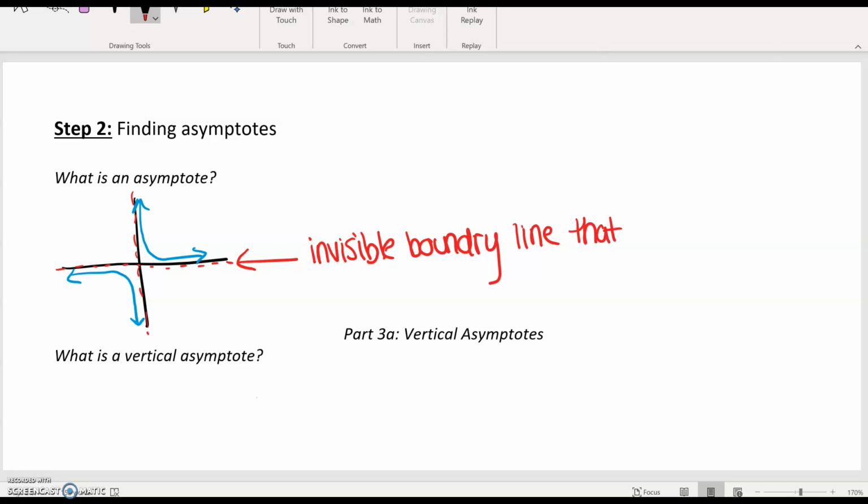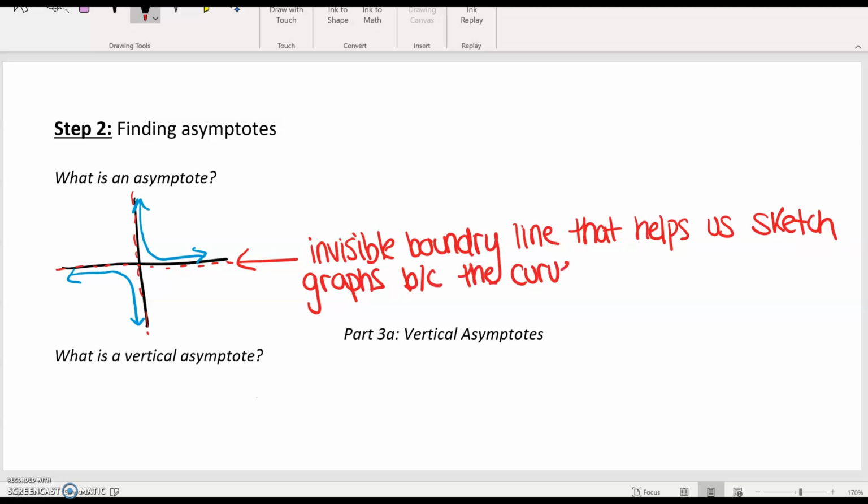So invisible boundary line that helps us sketch graphs because, I'm going to abbreviate that, the curves will approach or tend towards these lines. It's not necessarily the textbook definition, but I think that kind of summarizes what we need to know.